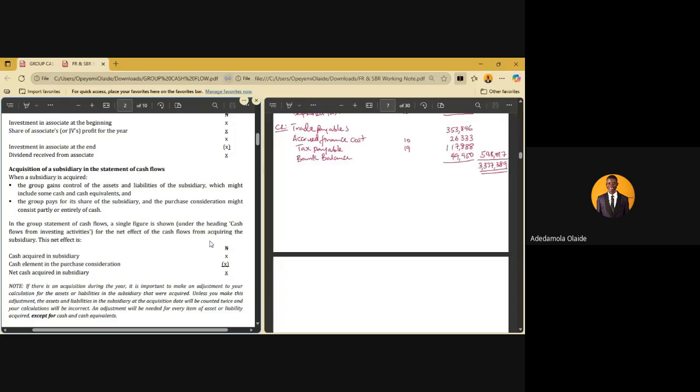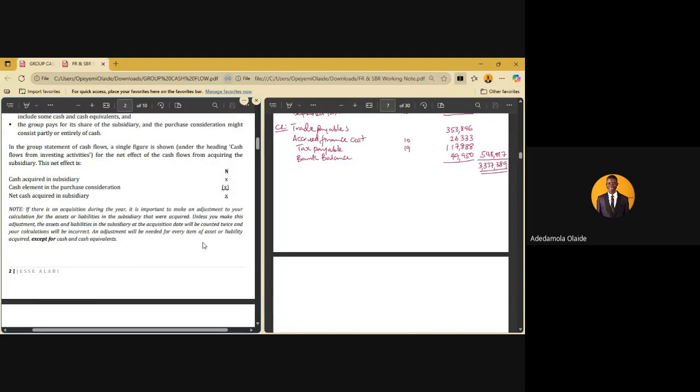That is very important. Then when we acquire, there is also what we call the net cash acquired. If one of the assets we will acquire from the subsidiary is their cash balance, and if part of the consideration we are paying is also cash, then we calculate the net cash. Because I want to buy the entire company for 100 million.